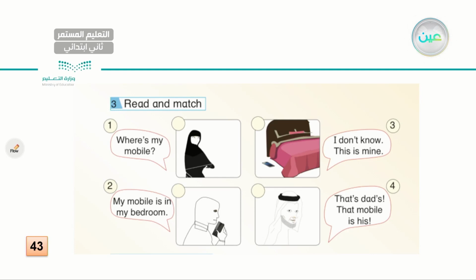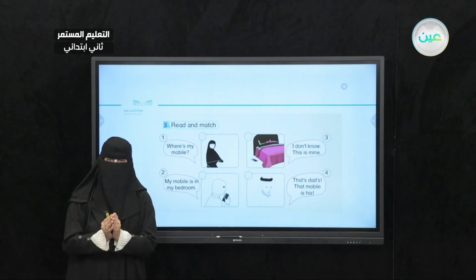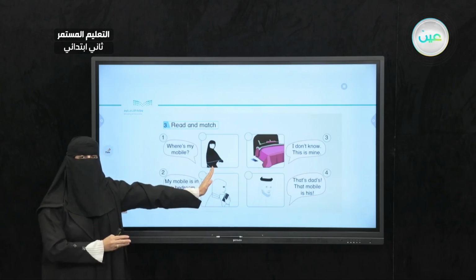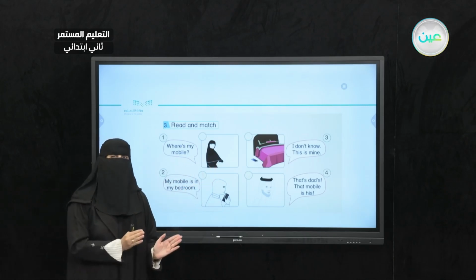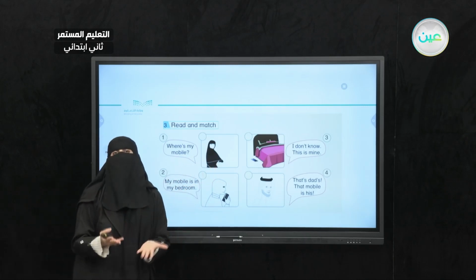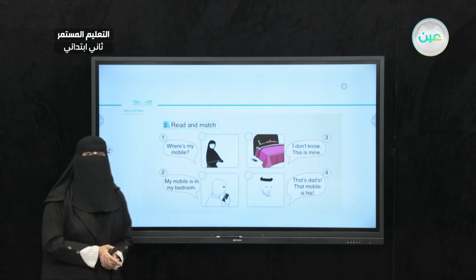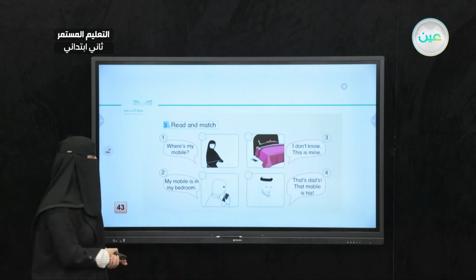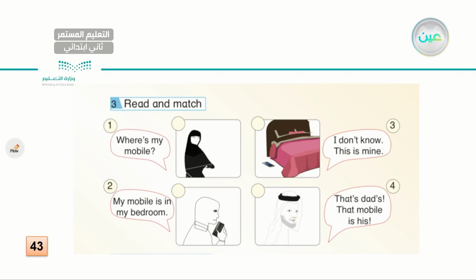For this exercise, I will be giving you 30 seconds. Try to find the answers yourself. I'll be reading the sentences, and then I'll give you 30, perhaps 20 seconds. Try to figure out the answers yourself, and then I will reveal the answers. Where is my mobile? That's number 1. Number 2, my mobile is in my bedroom.